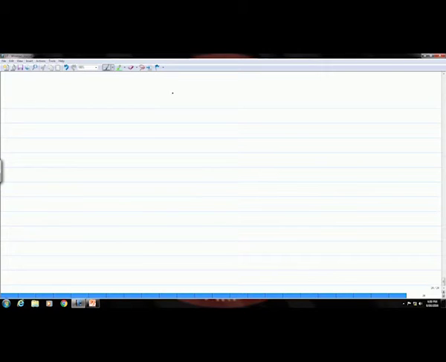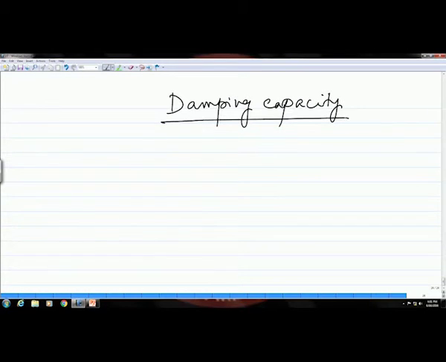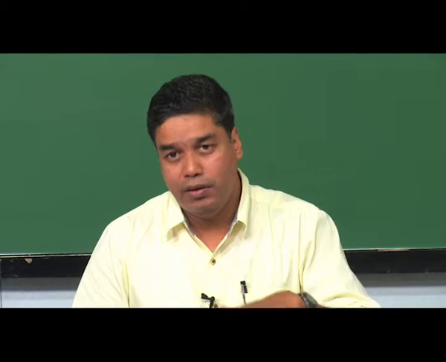The other property which is needed for an ultrasonic transducer is the damping capacity, which is the ability to absorb vibration. Okay. Because as I said before also, by the time the echo comes back to the transducer, it should be ready to receive them.